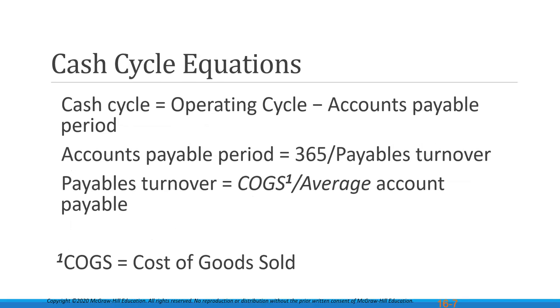The cash cycle is the operating cycle minus the accounts payable period. The accounts payable period is 365 divided by the payables turnover. And the payables turnover is cost of goods sold divided by the average accounts payable. Remember, this assumes that the only things in accounts payable are inventory purchases.